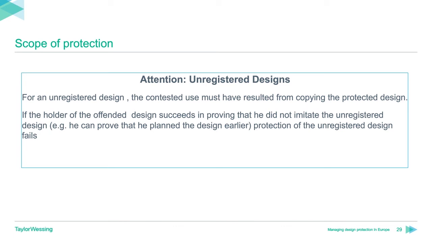Typically, however, the more similar the older and the younger design are, the more likely it is that actual copying took place, and this is what courts typically assume unless proof is given to the contrary.